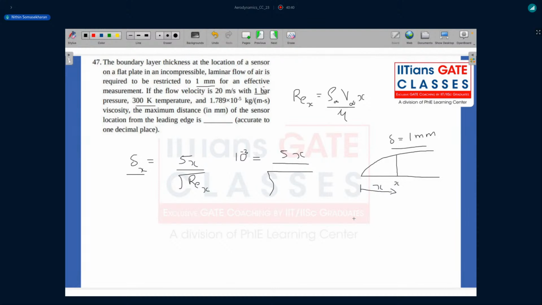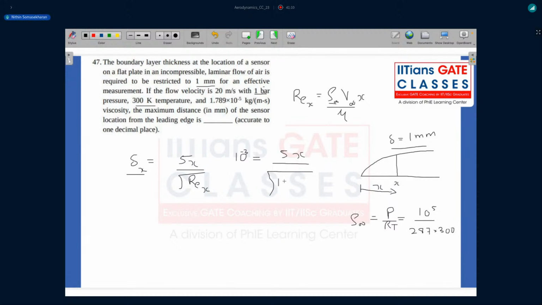Your rho infinity would be nothing but pressure divided by R times T, which would be nothing but 1 bar pressure, which is 10 power 5, divided by R is 287, and temperature is 300 Kelvin, right? Just using your ideal gas equation. So that is your rho.